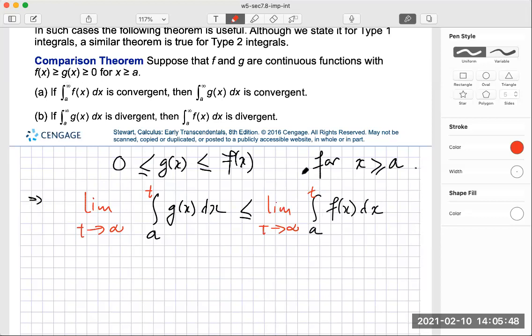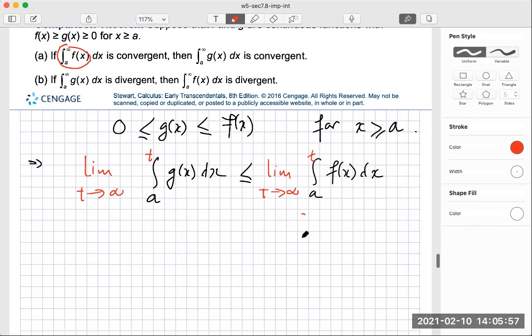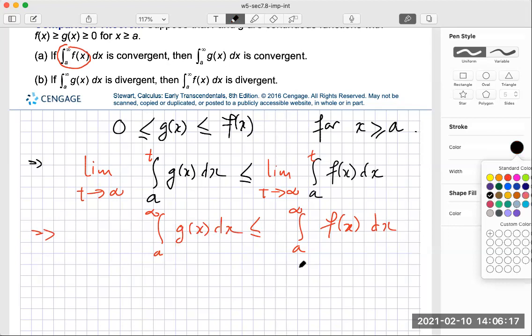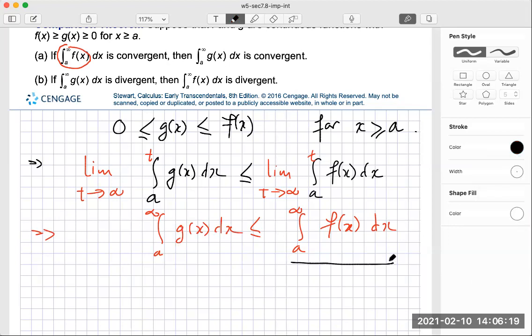So therefore, the right-hand side here becomes the integral from a to infinity of f of x dx, right? Does it make sense? Okay.